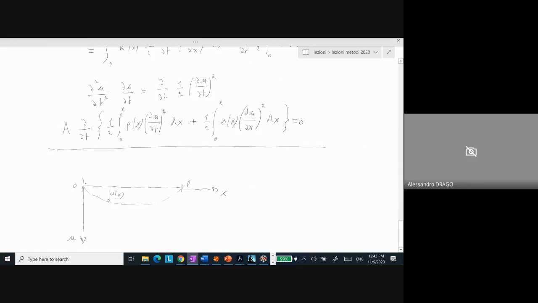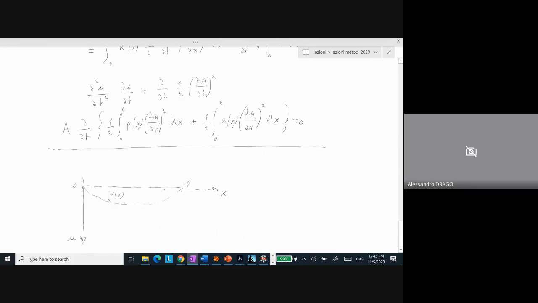We have chosen the axis in this way, so essentially the force of gravity is pulling in the positive direction, the same direction as the deformation of the string. So what happens is that the string is pulled down.